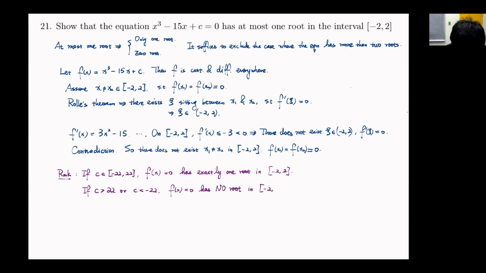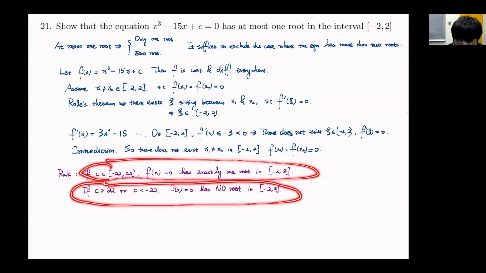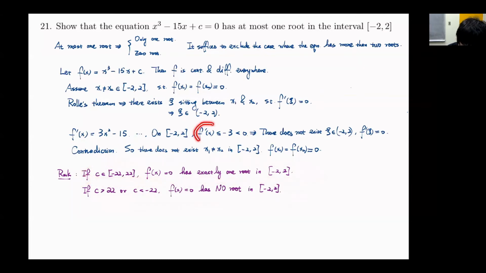in -2 to 2. The first one is pretty easy to argue, but the second one over here requires a little bit of work. Basically, the most convenient way to argue this case is to use the fact that f prime of x will be strictly less than 0. This will mean that f is decreasing on -2 to 2.